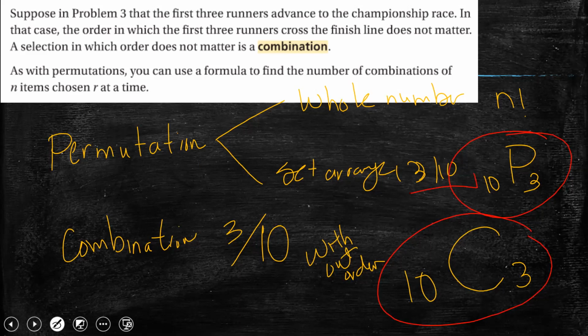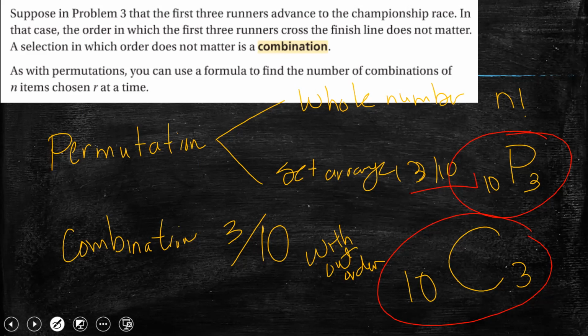But in the combination, it's like you put your hand out and any 3 girls touch your hand without order. Without order, you don't see whether Lana is the first or Maya is the second.